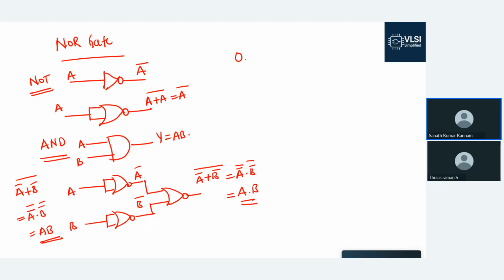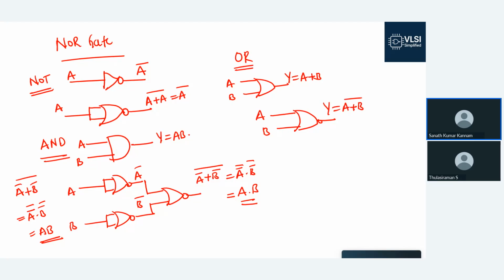And then the OR gate is simple. This is the symbol for the OR gate. A and B, Y equal to what? A or B. Okay, so I need to implement the OR gate by using the NOR gate. So this is one NOR gate, with A and B. We are getting Y equal to (A or B) whole bar.